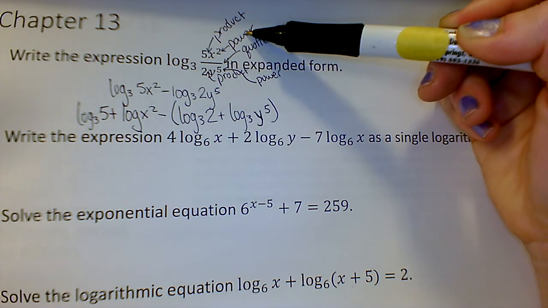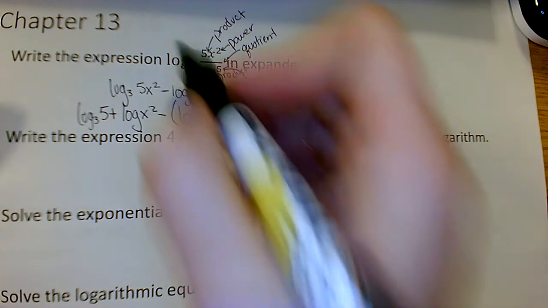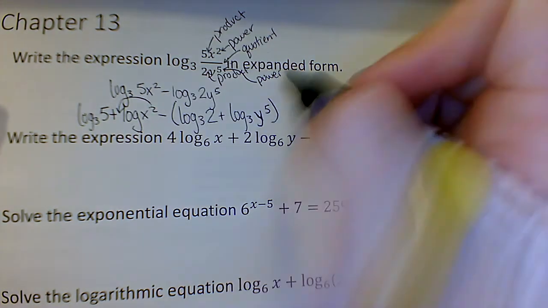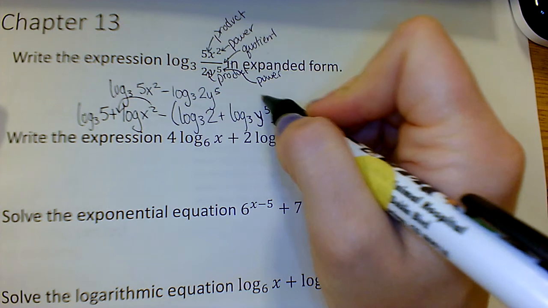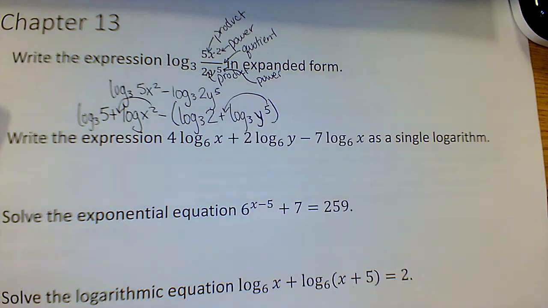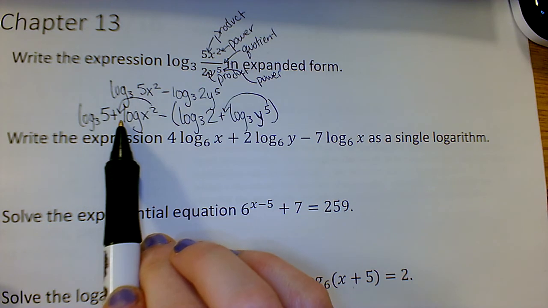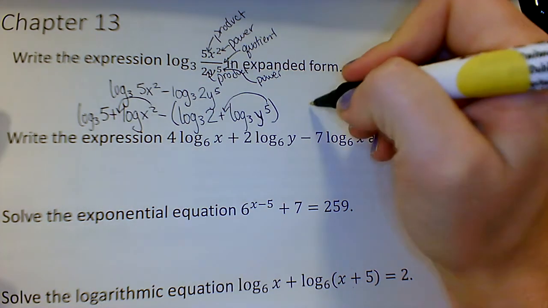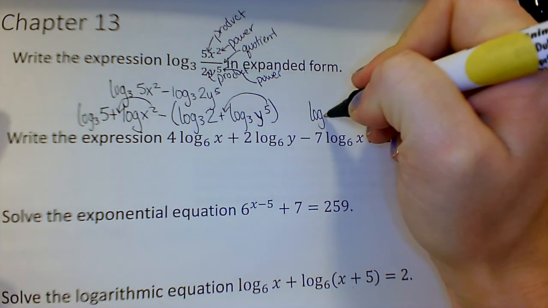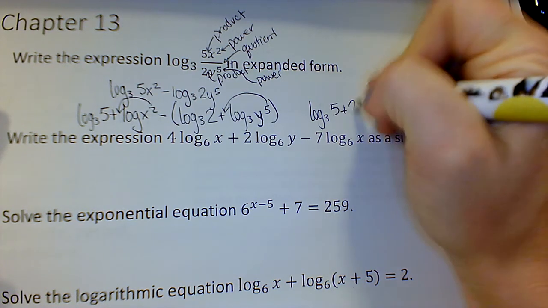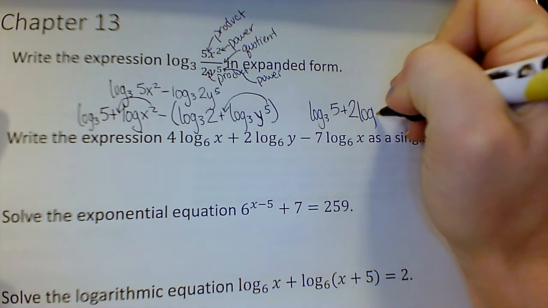And remember that power rules are the easiest to take care of because we're just taking this exponent and throwing it in front. And so same here, we'll take this exponent and throw it in front. Remember, those exponents can only jump 1 log. Right, so it's not going in front of this whole thing, it's just going in front of that log that it's attached to. So when I do that, I'll have log base 3 5 plus 2 log base 3.